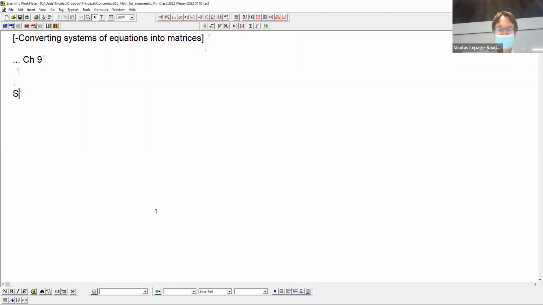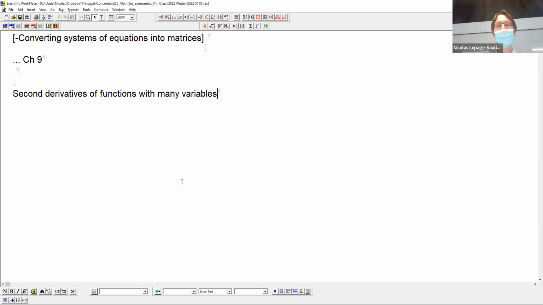So second derivatives of functions with many variables. So it's not that complicated.